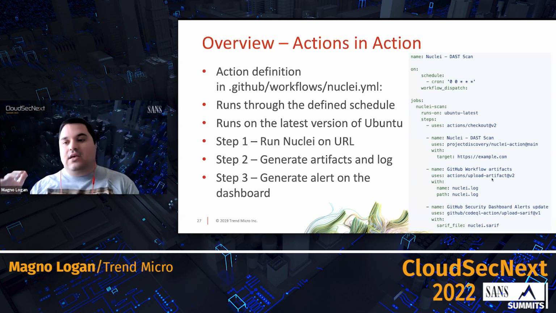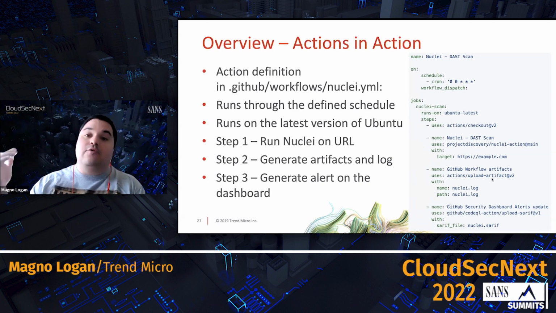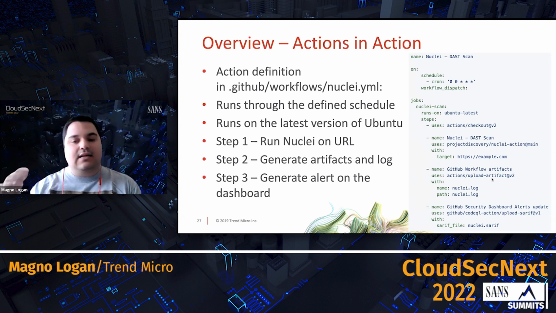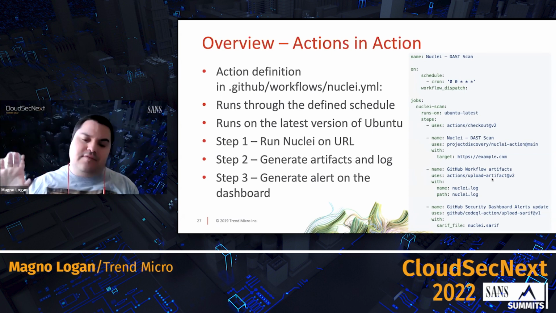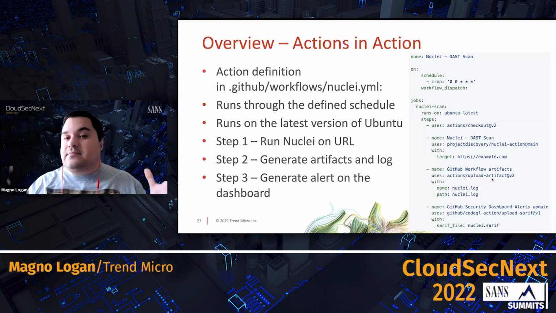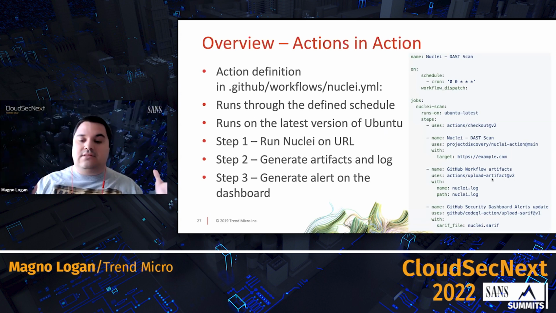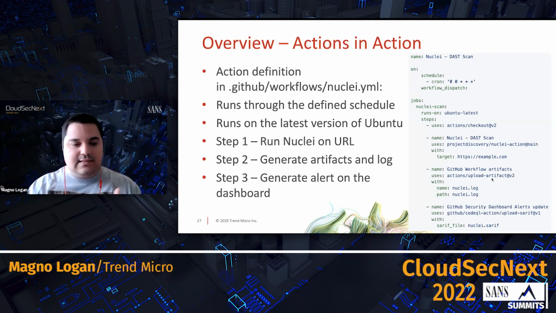SARIF is a file format used for static analysis and dynamic analysis as well, that GitHub likes to use. I think it was developed by Microsoft, if I'm not mistaken. It's just generating the results in another format, nuclei.sarif, that you can import into different tools and go through to triage the results from the scan.